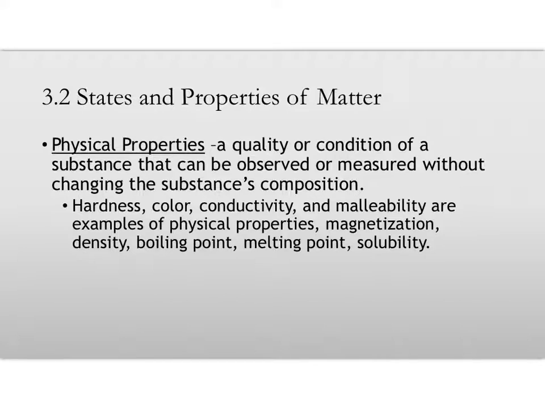It might not be anymore. It might be a new form of carbon called graphene, but that's neither here nor there. But when you scratch your fingernail, if you test it, you're not changing the fingernail. It's still a fingernail.